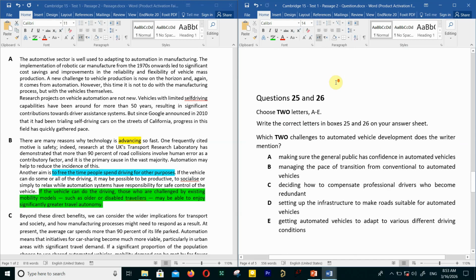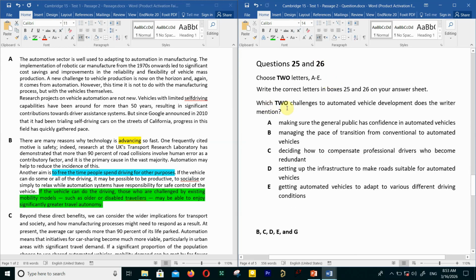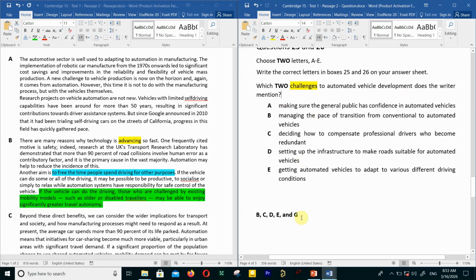Now moving on to the next multiple choice questions, questions 25 and 26. Here it says which two challenges to automated vehicle development does the writer mention? Now, talking about challenges, another interesting thing about this one is that I already use my previous information.